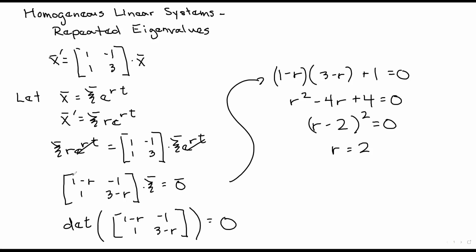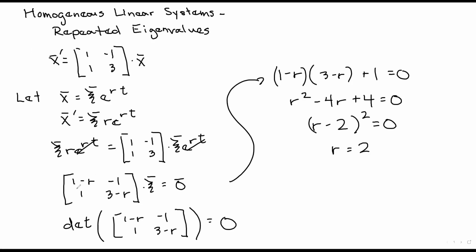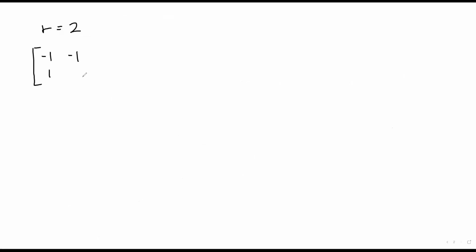When we plug in 2, we get 1 minus 2, that's -1, then -1 again, and then 1 and 1, times xi equals 0.